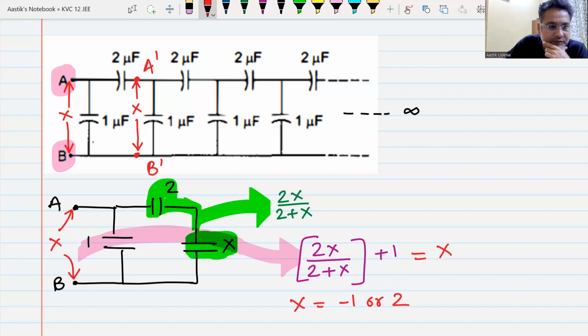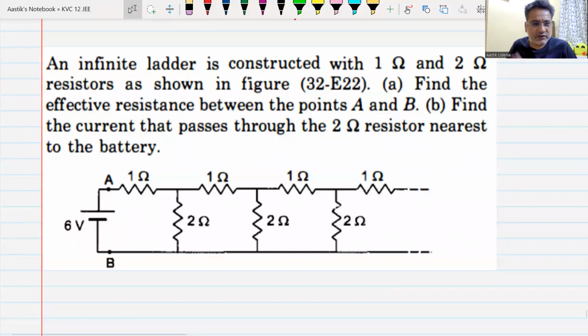Now once you are able to solve one part of the question, I don't know if you can solve the next part, but even if you can solve one part, that is good enough. This is the question. This is taken from your book, question number 46 or something like that. Can you solve this?